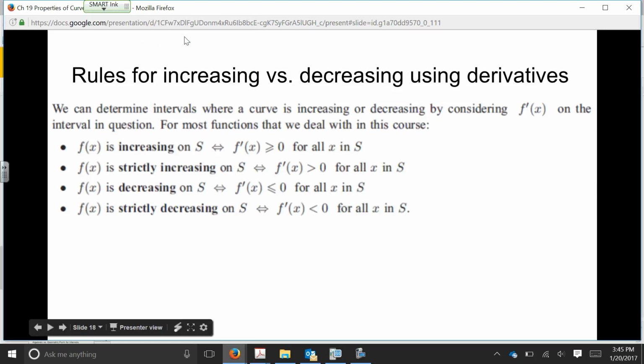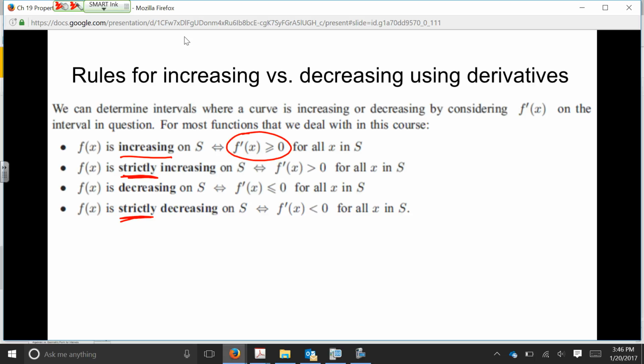All right. Now, we have a couple of other important things here. In this particular slide, we're focusing on the words strictly increasing or strictly decreasing. When we say a function is increasing, then it could be greater than or equal to. The derivative could be greater than or equal to 0 at that point, because the derivative is the slope of the tangent line at that point.